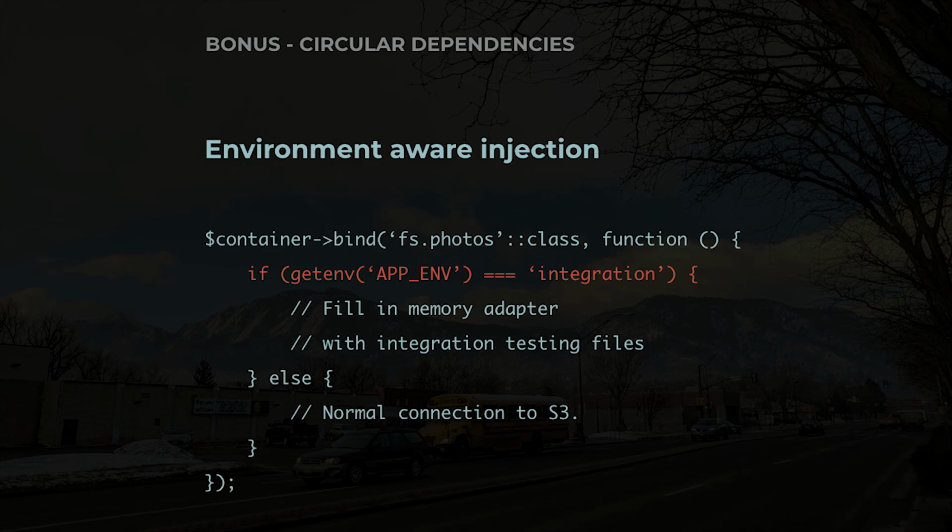For example, I would use a normal S3 connection in production, but when I'm doing some kind of integration test or API test, I would use some memory adapter. Inside the anonymous function that resolves filesystem.photos, I would swap them out based on the environment.